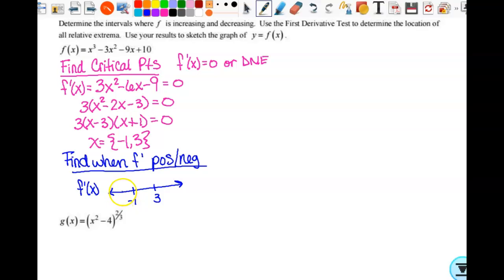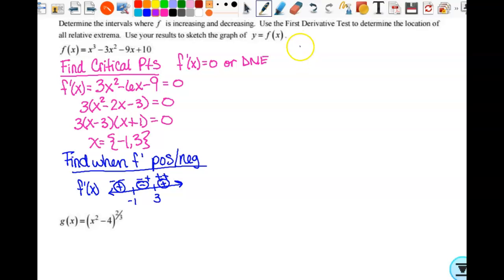But if I substitute in a -2, this would be negative, this would be negative, that's positive overall. If I substitute in 0, that's negative positive, that's negative overall. If I substitute in 4, I get positive positive, that's positive overall. Okay? Everybody with me on the sign chart? No biggie?